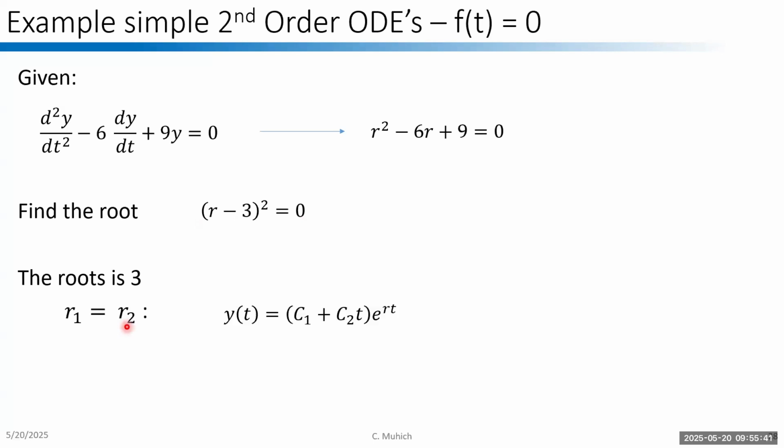The root is 3, so my functional form is y of t equals c1 plus c2t times e to the rt. And this can be converted because we know that r is 3. I substitute r in here, and I'm left with y of t equals c1 plus c2t times e to the 3t.